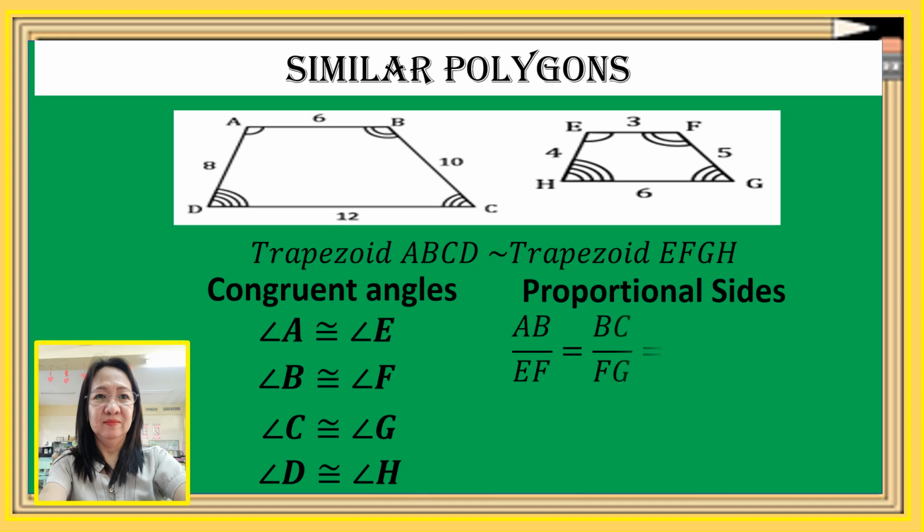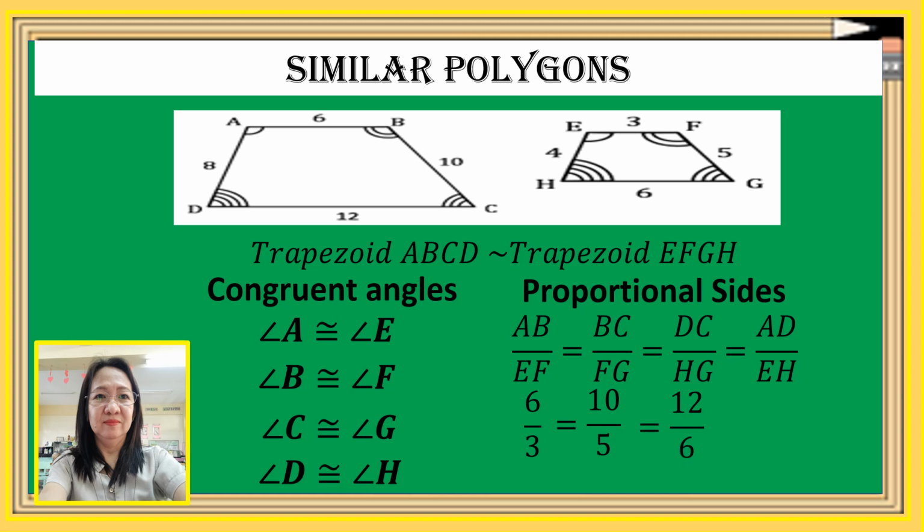So, we have to show that AB is to EF is equal to BC is to FG, and that must be equal to DC is to HG, and AD is to EH. Substituting the length of the sides, AB is equal to 6 and EF is equal to 3. Then BC is equal to 10 and FG is equal to 5.